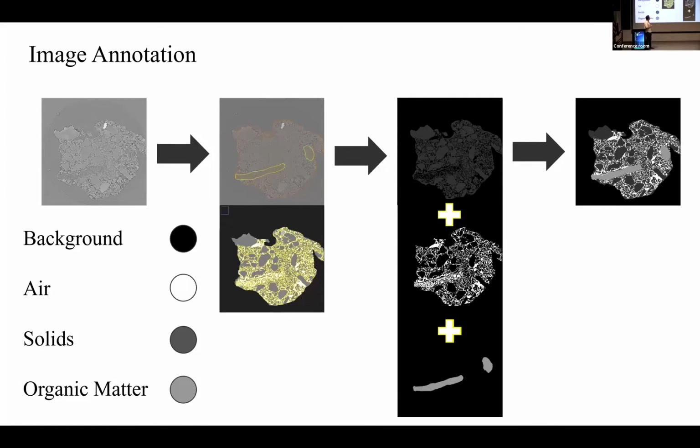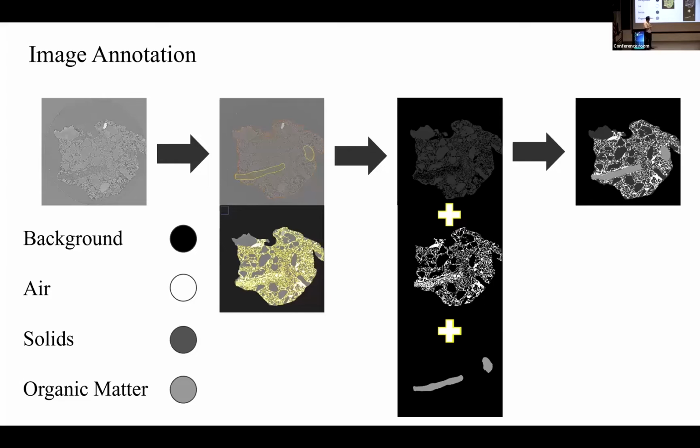Then we might go through and say, okay, we want to identify particulate organic matter inside of the aggregate. So we're going to highlight that, and we're going to fill it with a light gray value. And that's how we generate this mask right here. And then we might take our image and say, okay, we can segment the solids and pores pretty well with thresholding. So let's do that. We threshold this image, and we get these other masks.